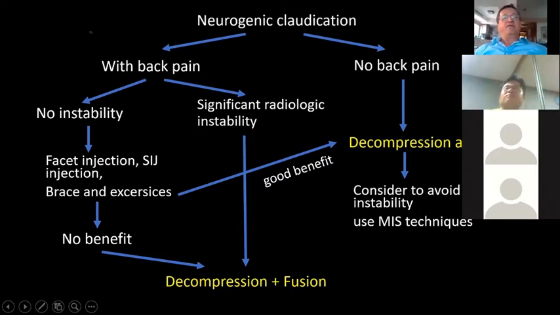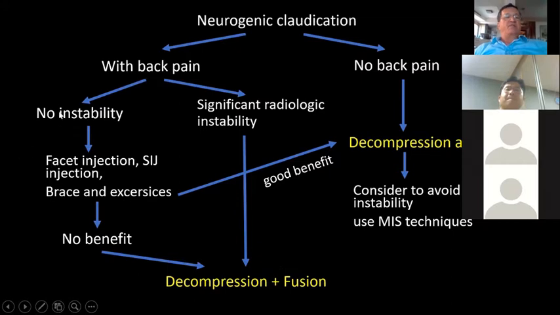If the patient has additional back pain but no instability signs, we can try facet injections, sacroiliac joint injections, brace and exercises. If there is significant radiological instability, we can offer the patient decompression and fusion surgery.